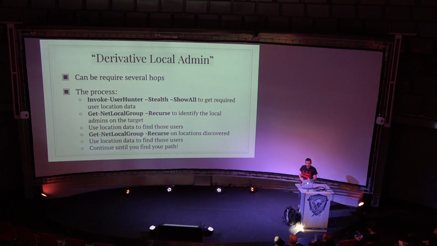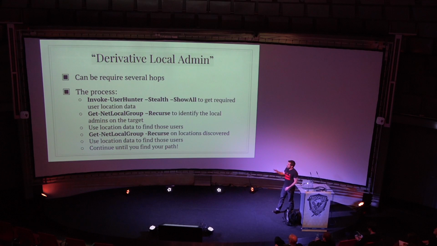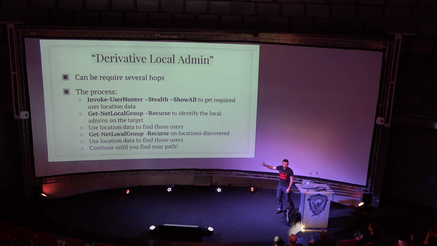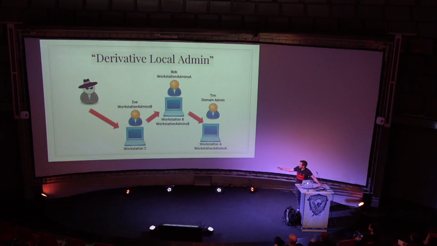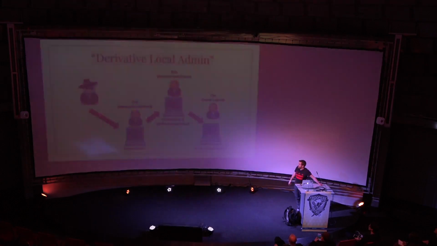So the process of how you can actually pull this off, it requires several different components. So you want to run Invoke-UserHunter -Stealth -ShowAll. This will give me all the user location data that I can find in the entire domain with only touching a few file servers and domain controllers. You can do a Get-NetLocalGroup -Recurse on your target machine. So in this case, it would be on this box right here.